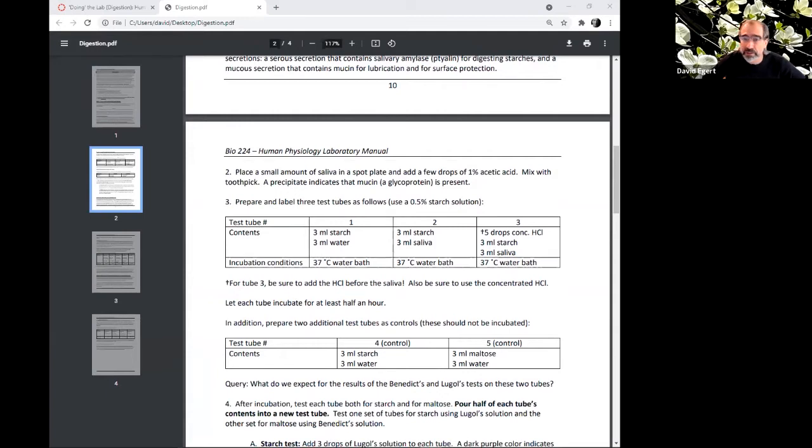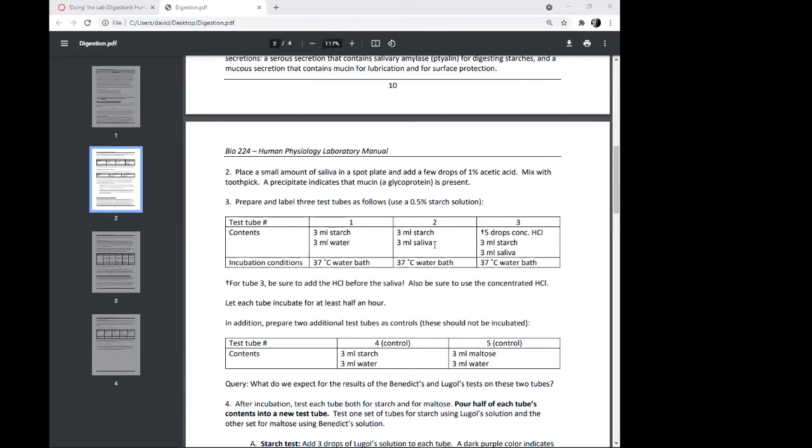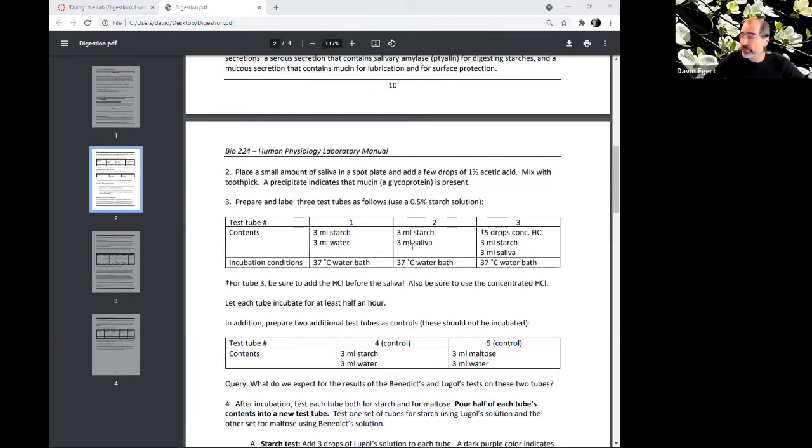I don't hear anybody. Tube 2. And why is that? Because of the saliva enzyme. Right, so we have the salivary amylase.